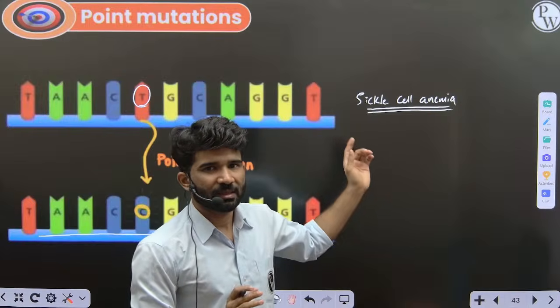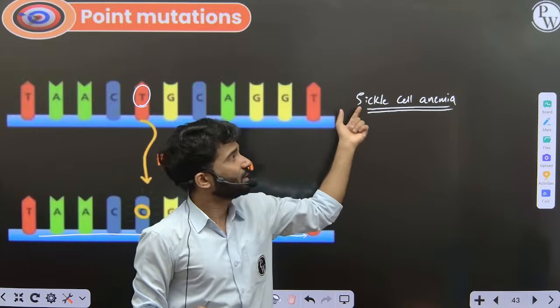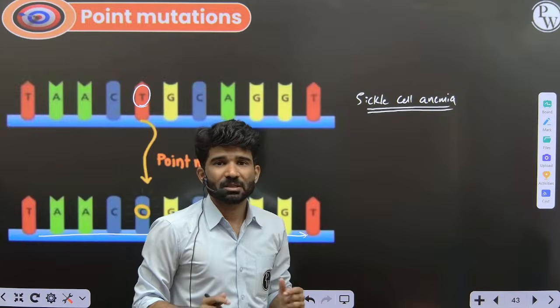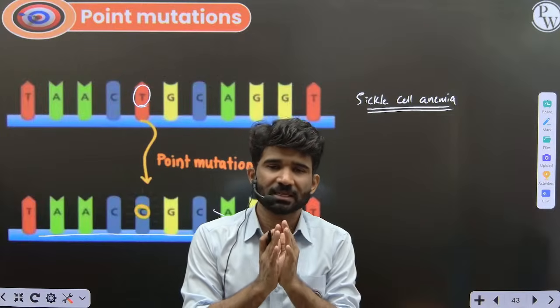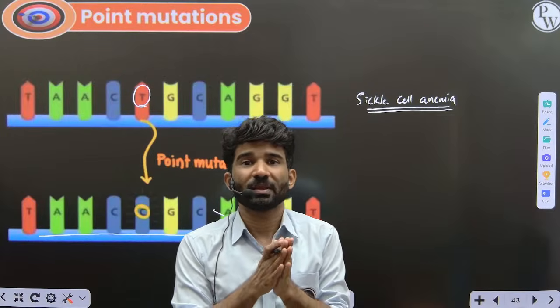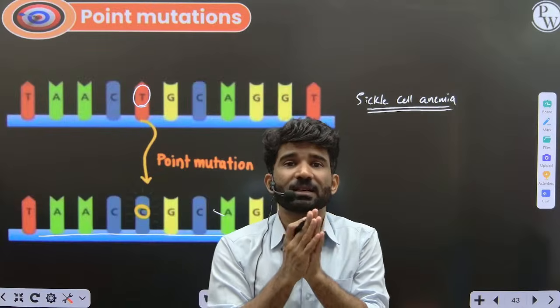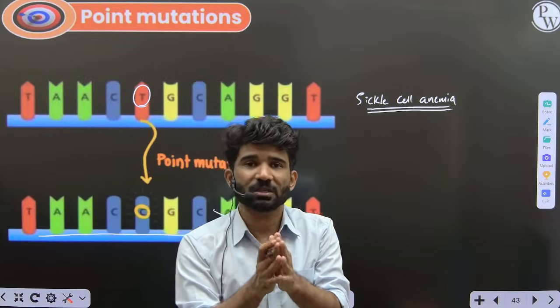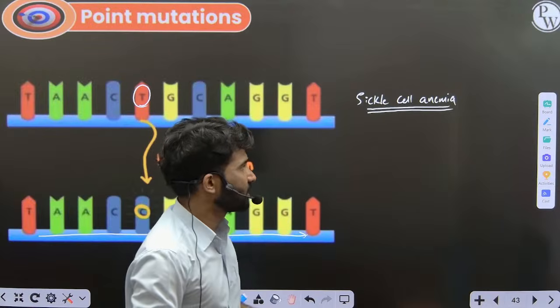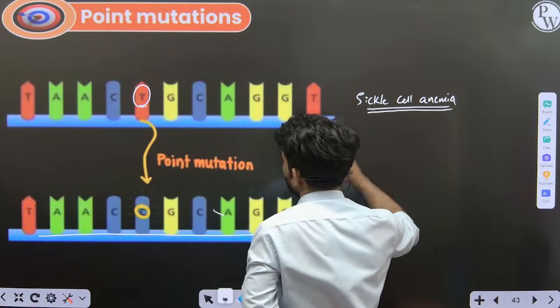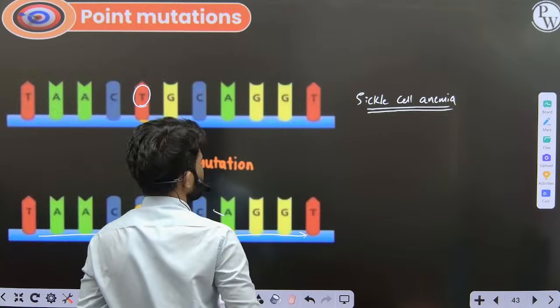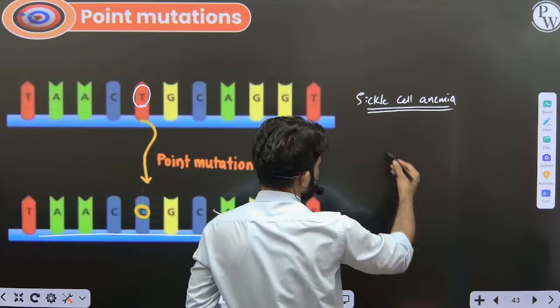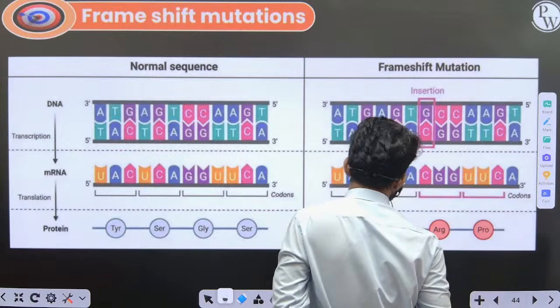When a person is affected with the autosomal recessive disorder sickle cell anemia, the RBCs become sickle shaped, the surface area of the RBCs reduces, and oxygen tension is very low. That happens due to this point mutation. We will study this in detail with genetic diseases.